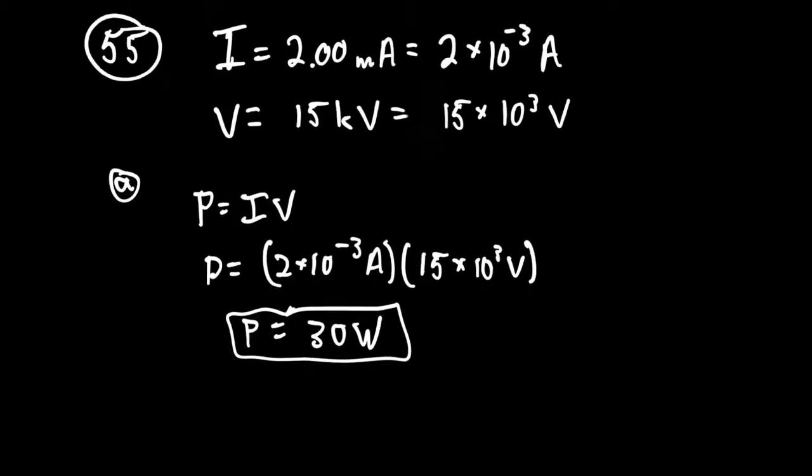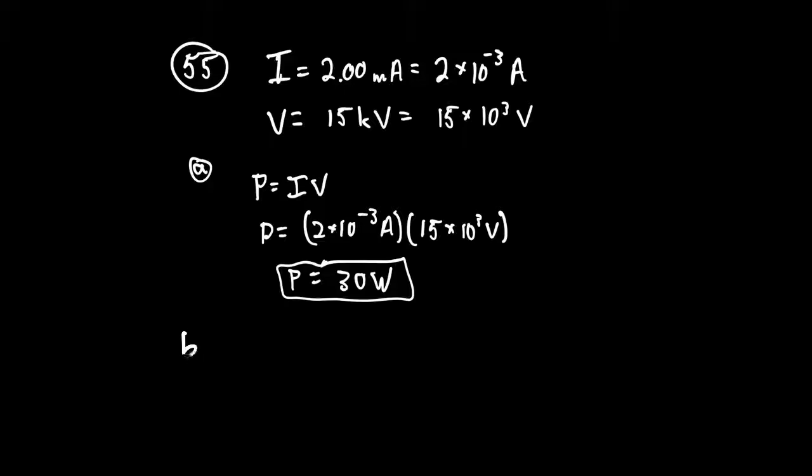Part B wants to know what's the resistance of this. How do I get resistance from V and I? R equals V divided by I. What law is this? This is Ohm's law. So we just use Ohm's law. V is equal to 15 times 10 to the third volts.